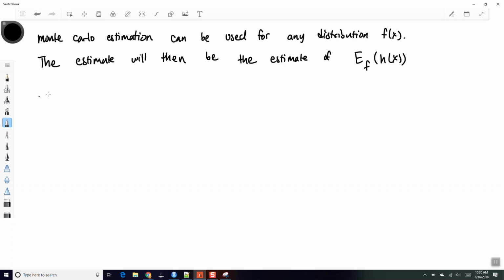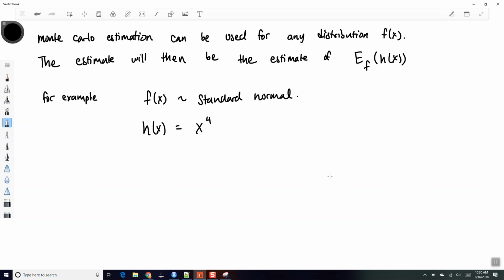Okay. So for example, f of x can be standard normal, and this was the example that I first did, and h of x could be x to the 4th power, right?